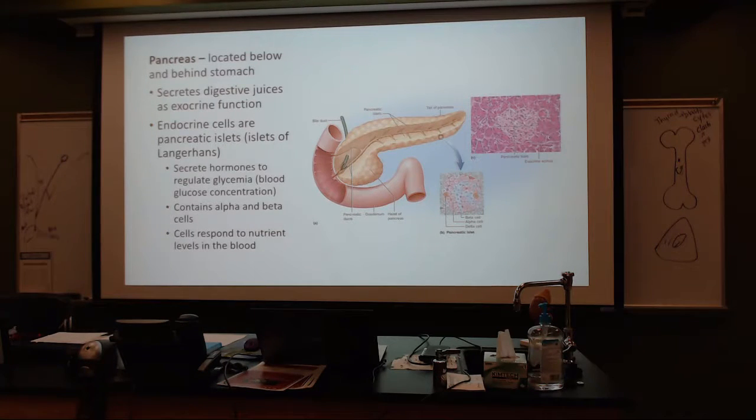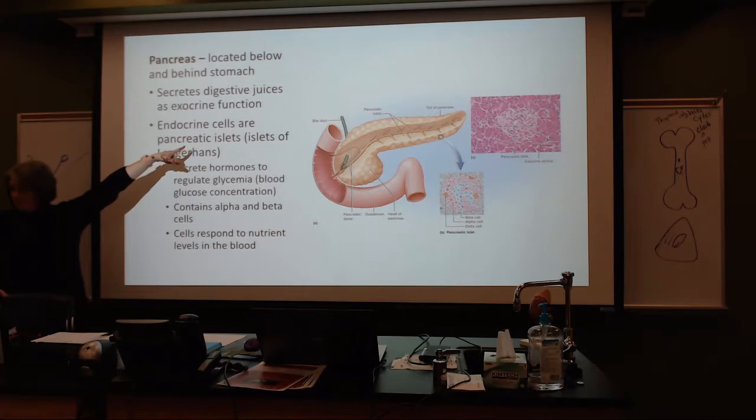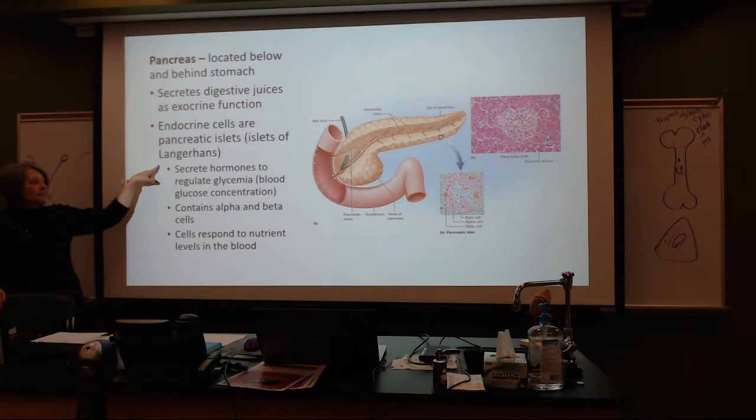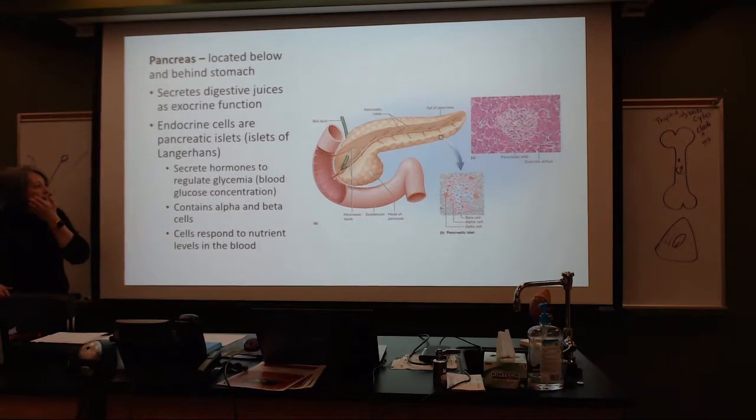For the endocrine portion, the endocrine cells are referred to as pancreatic islets. Islet simply means island. They're known as the islets of Langerhans, named after, of course, the person who discovered them.